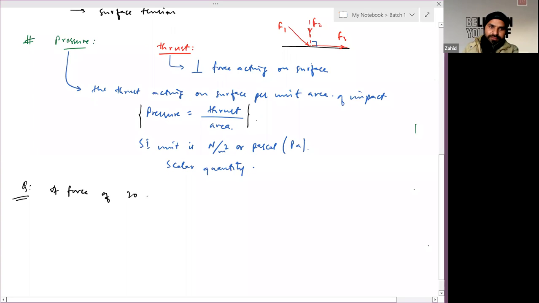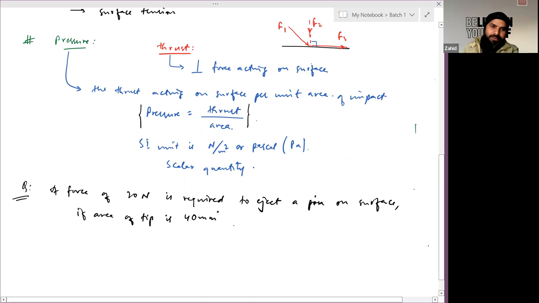Suppose a force of 20 Newton is required to inject a pin on a surface, if the area of the tip is 40 mm square. Find the pressure exerted.